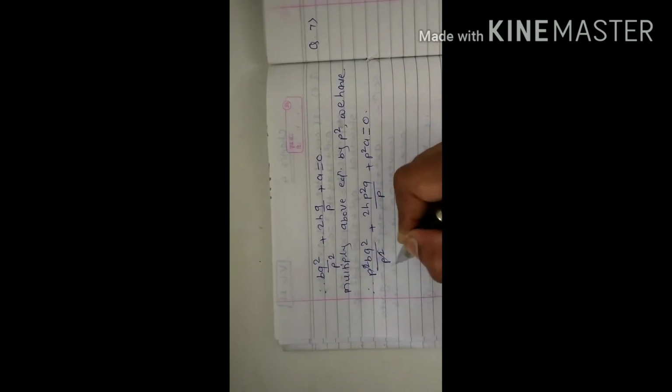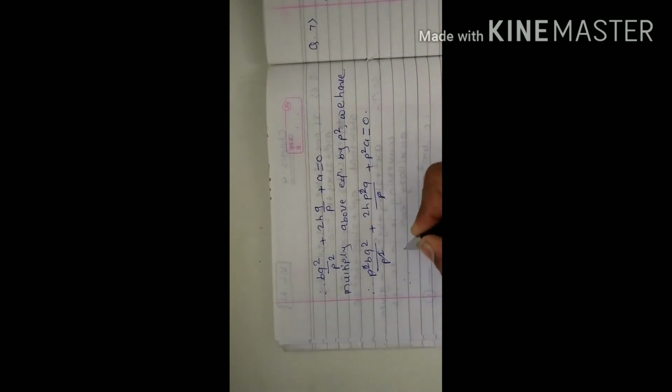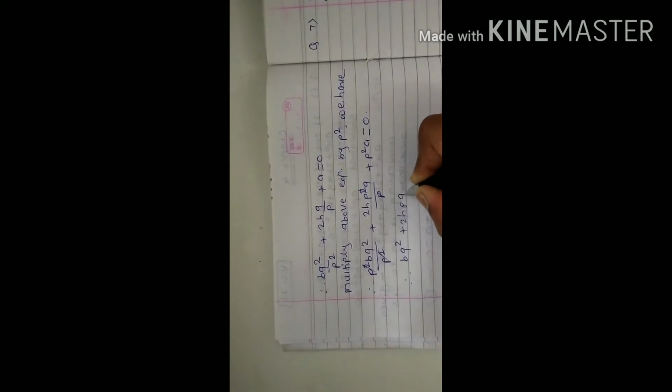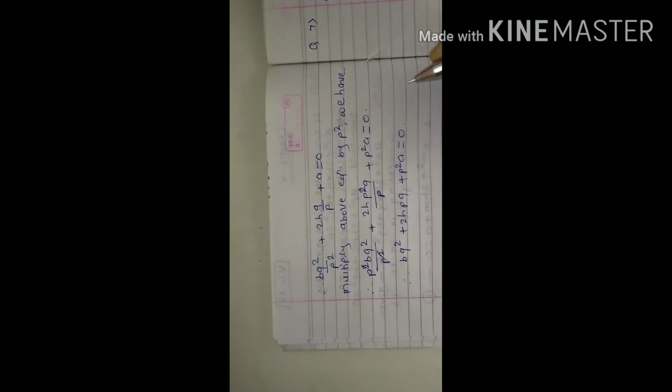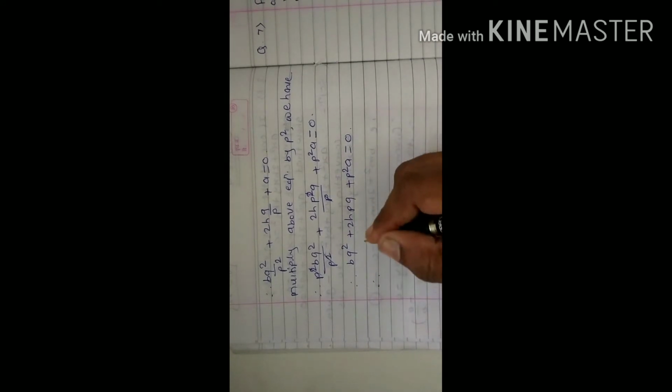The p square get cancelled, and p square and p get cancelled. We get the equation b into q square plus 2h into pq plus p square into a is equal to 0. Arrange the above equation.